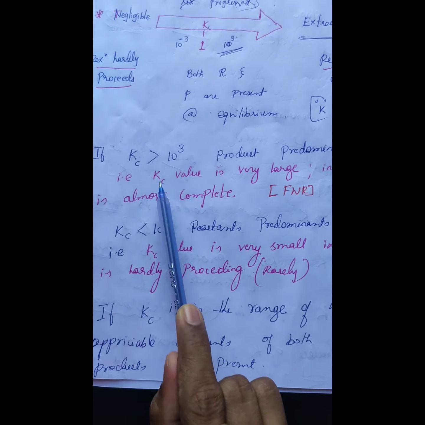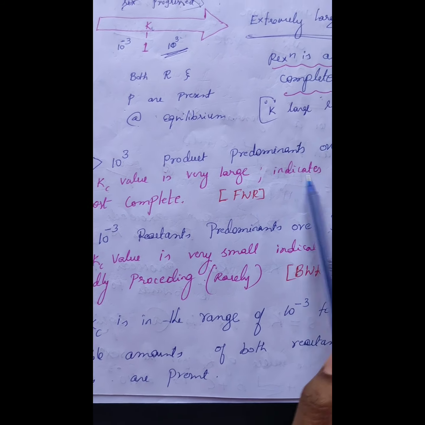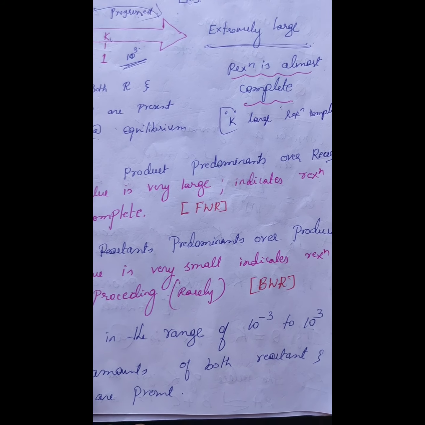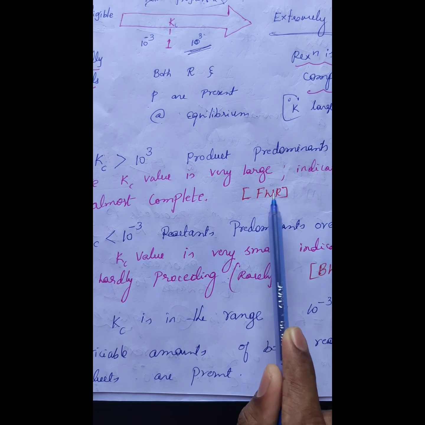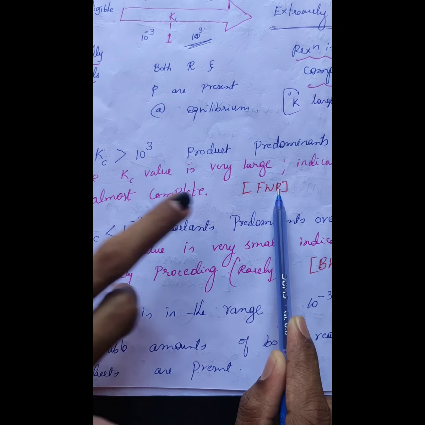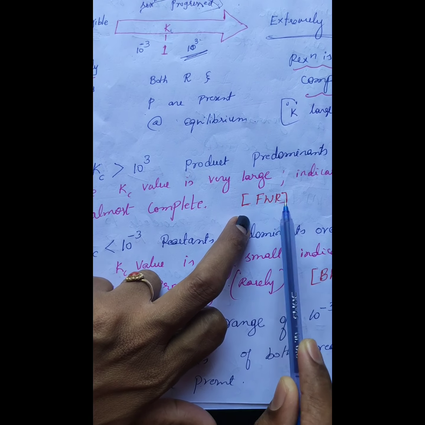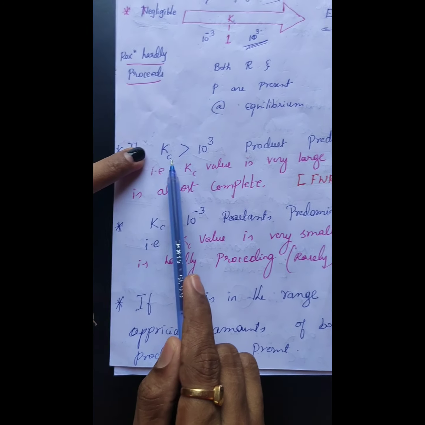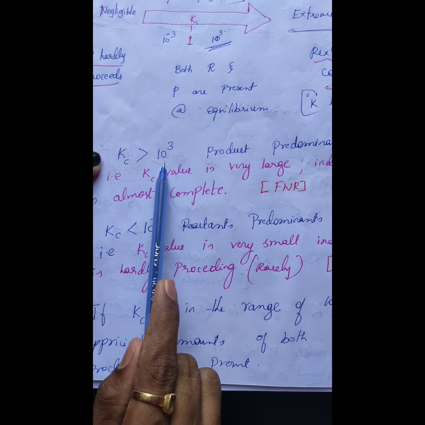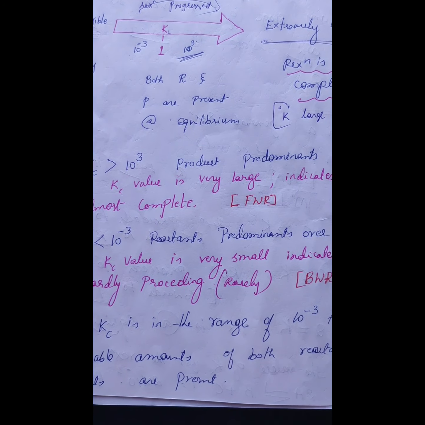That indicates the reaction is almost completed, or in other words, the forward reaction is favorable. I have represented here FWR, indicating forward reaction is favorable. Remember, Kc greater than 10 to the power 3 indicates forward reaction.